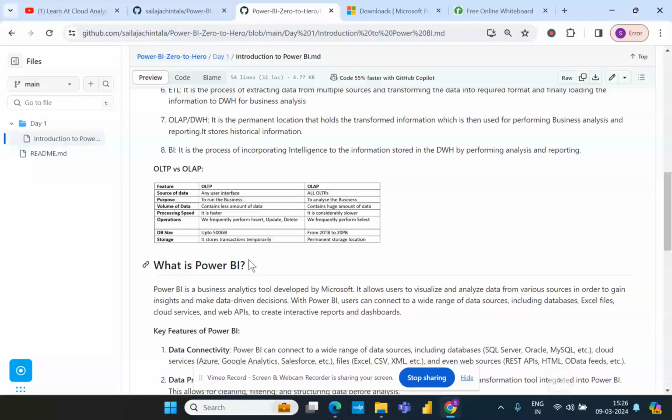And then comes the operation. What sort of operations do we usually perform on an OLTP system and an OLAP system? In an OLTP system we usually perform insert, update and delete operations. Let me give you the example of an ATM transaction. When I go to an ATM, I might try to deposit some amount, which is nothing but an insert operation, right?